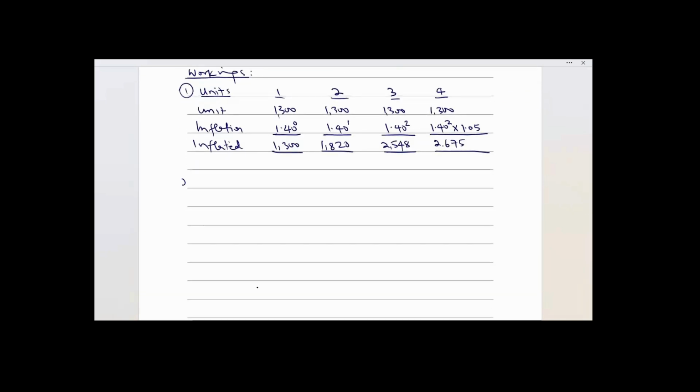Working number 2. I want to determine sales. In getting my sales, I need selling price. I will go back to the question: what's the selling price? The next bullet point says the unit selling price for the first year will be 3,750 naira, but this will increase by 3% per year thereafter.